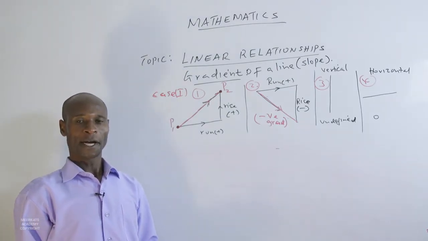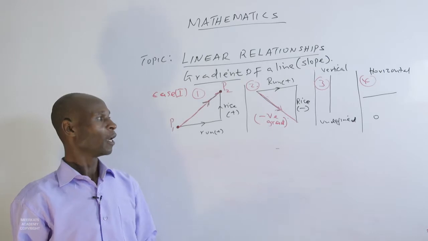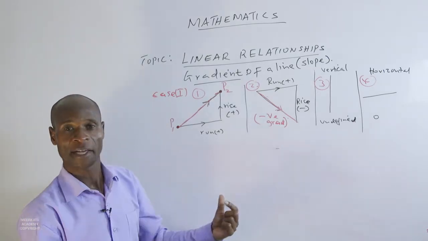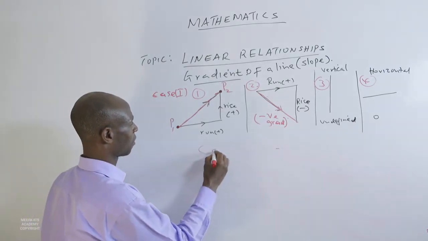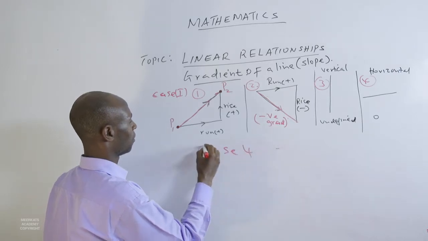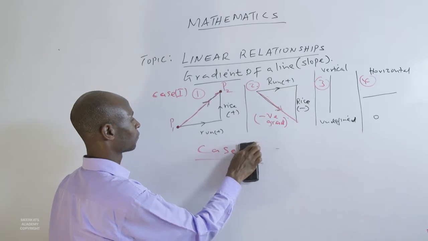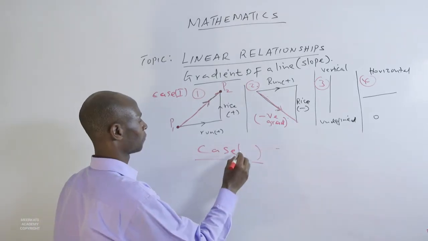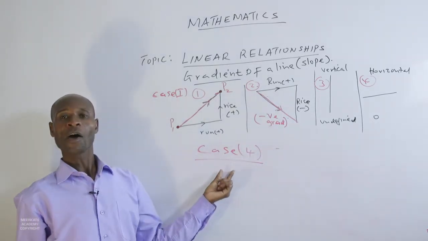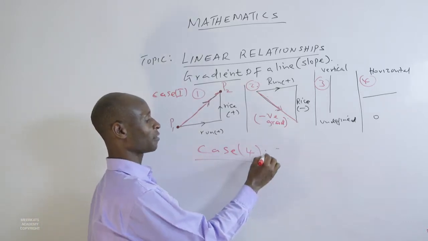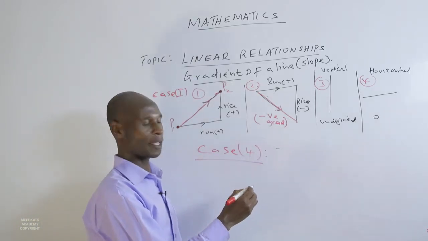Lastly, we consider a horizontal line as our case 4. So in our case 4, we are having a horizontal line.